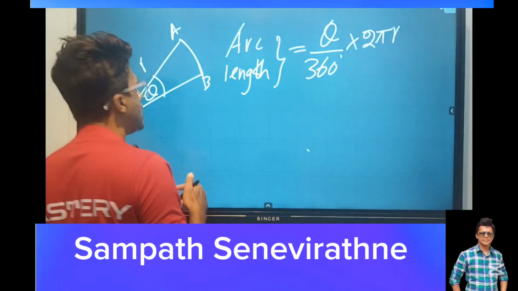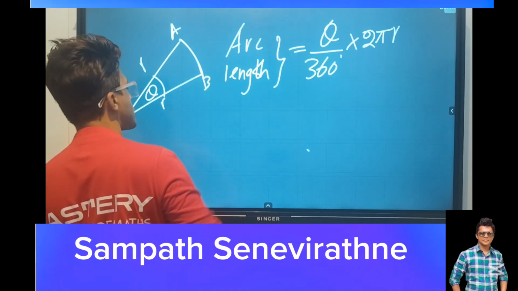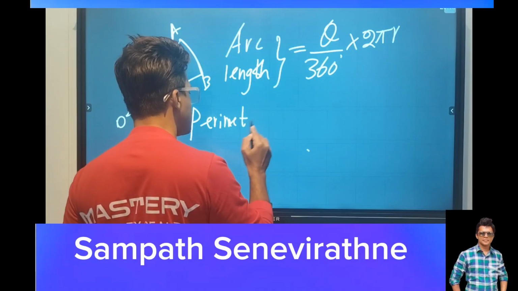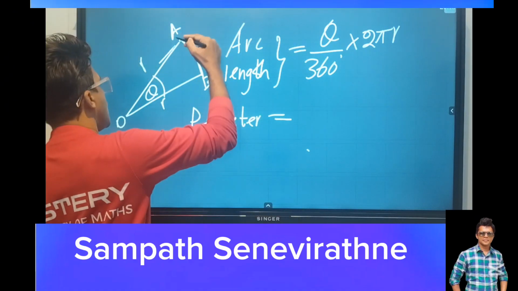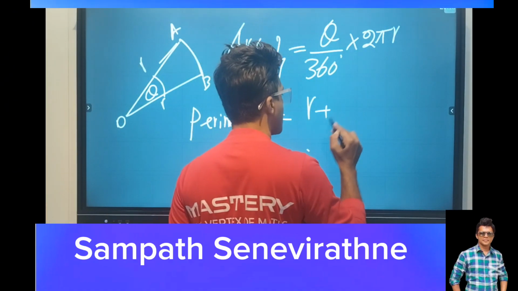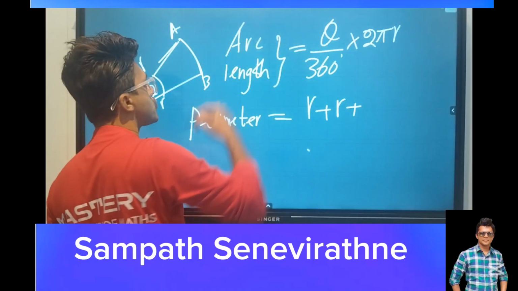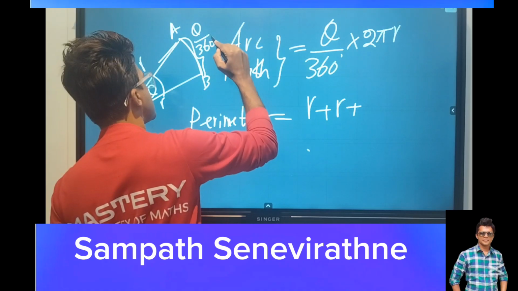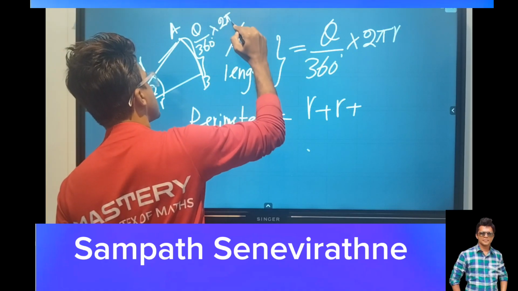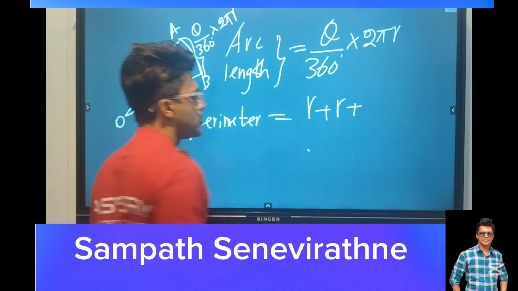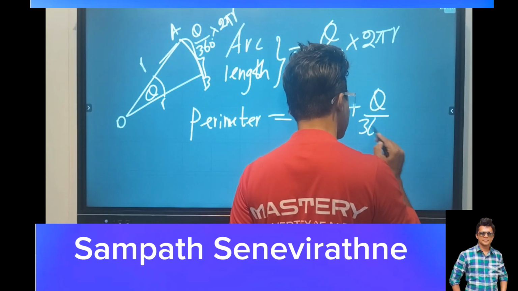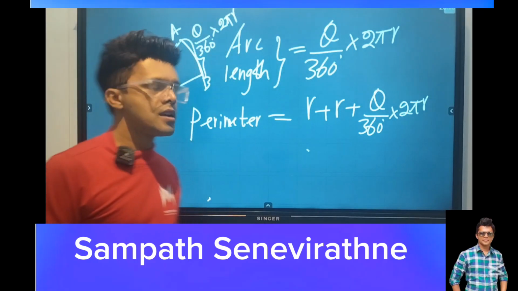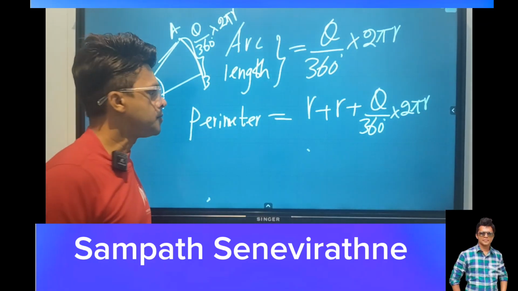If this is r, then this one is also r. The perimeter of a given sector can also be found using this. So r plus r, and this arc value should also be added: theta over 360 degrees times 2 pi r, which is used to get the arc length of a given sector.